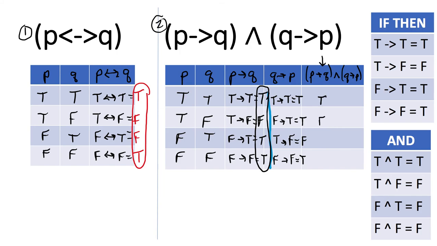T, F, T, T. We're going to then do our AND symbol. And then I'm going to do Q arrow P. So that's going to be these answers. So true, true, false, true.